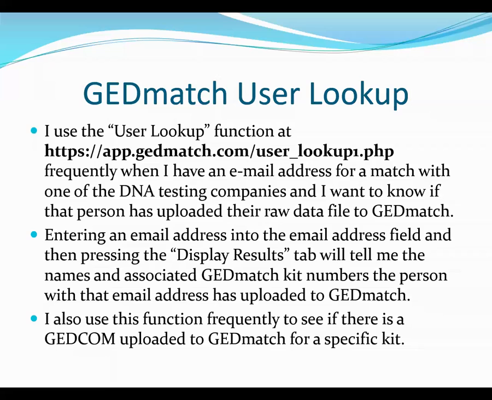So I wanted to have that information so I could run the appropriate comparisons. So I use this feature to get the GEDmatch kit numbers. I also sometimes use it if I want to get a GEDcom file and see if there's any information on the person's pedigree chart at GEDmatch.